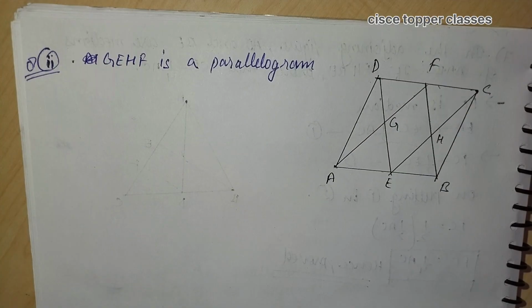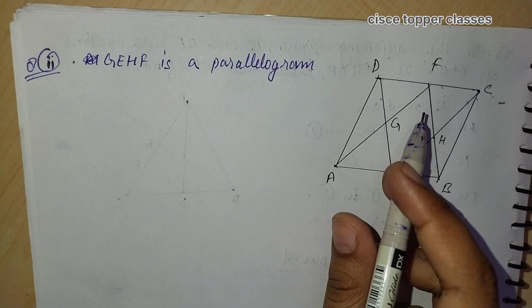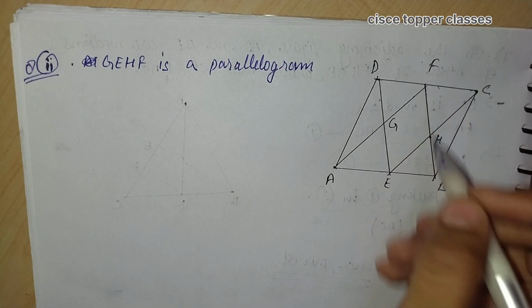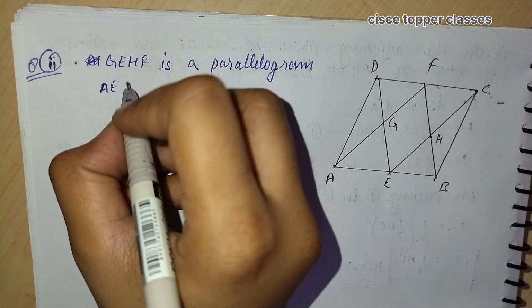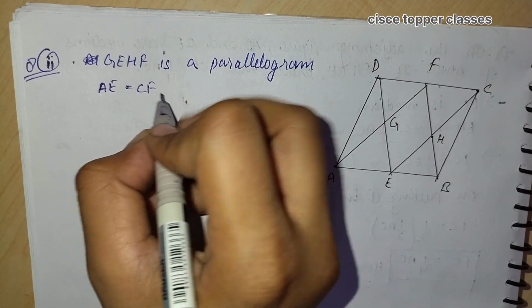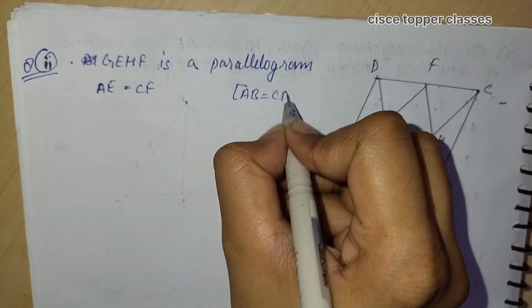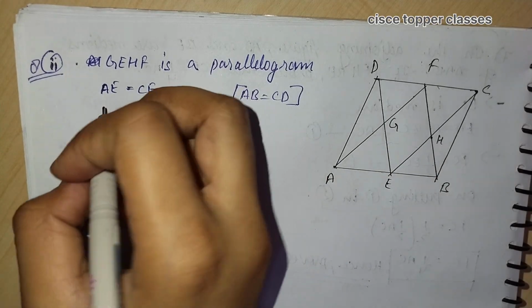Let us solve the eighth second part, in which we have to prove that GEHF is a parallelogram. To prove that, since E and F are the midpoints of AB and CD, we can simply write AE is equal to CF here, because AB is equal to CD. As AB is equal to CD, AE is equal to FC also.